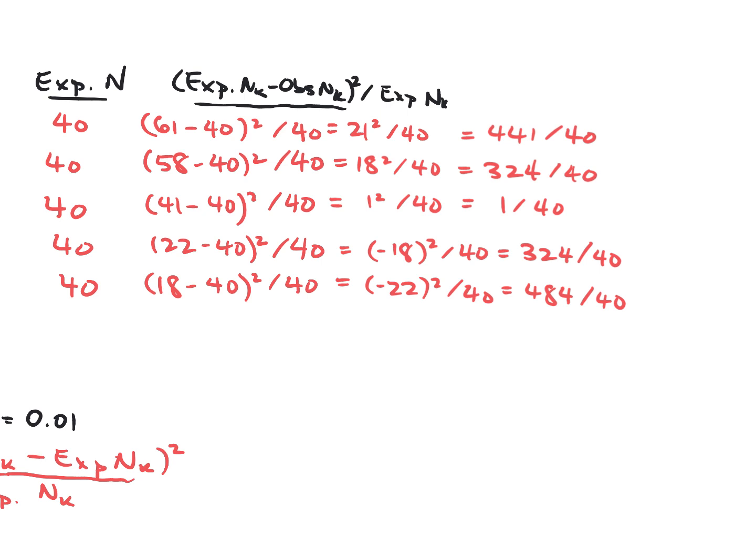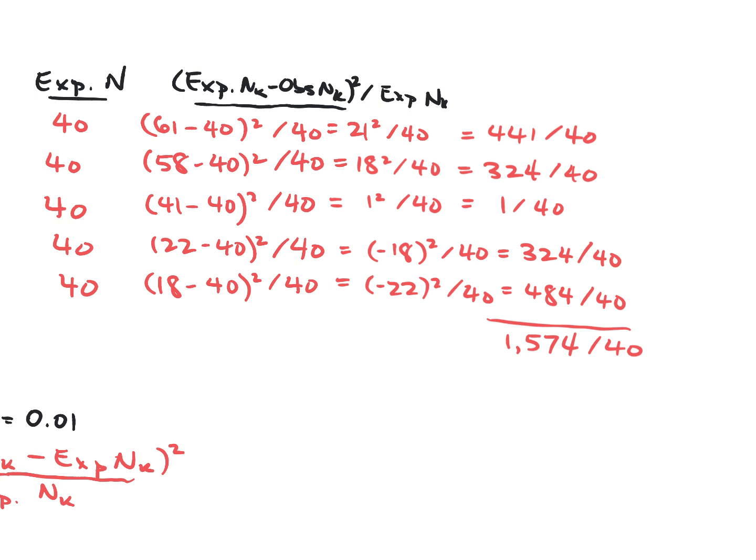Okay. If we add these values together, we get our test statistic. Add these 5 values together, and we'll have our test statistic. So let's do 441 plus 324 plus 1 plus 324 plus 484 is 1,574 over 40.